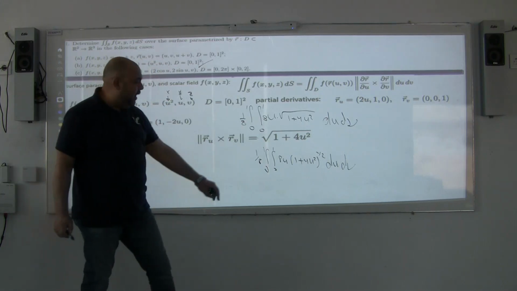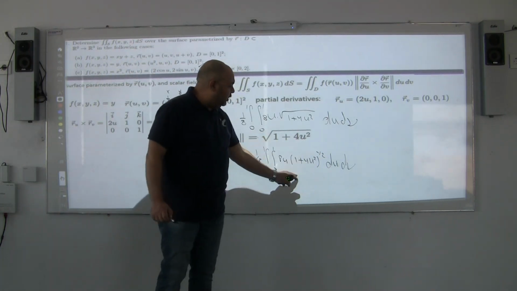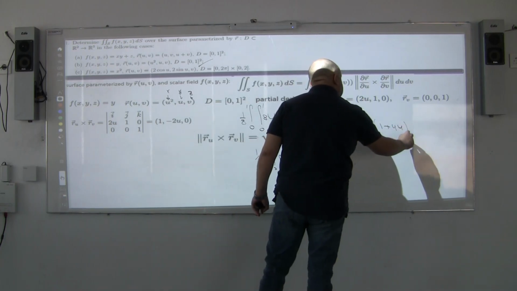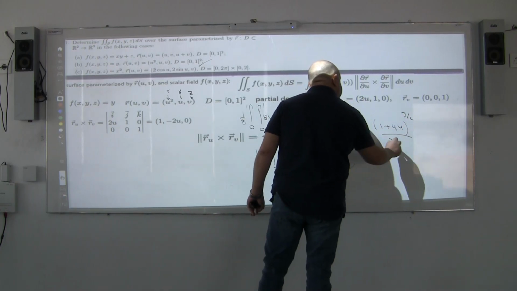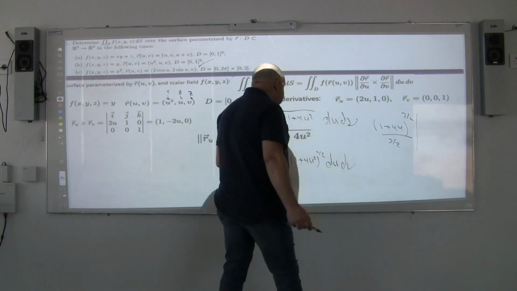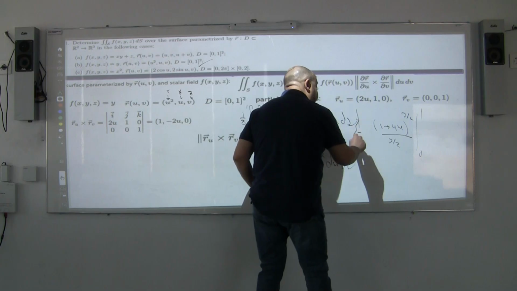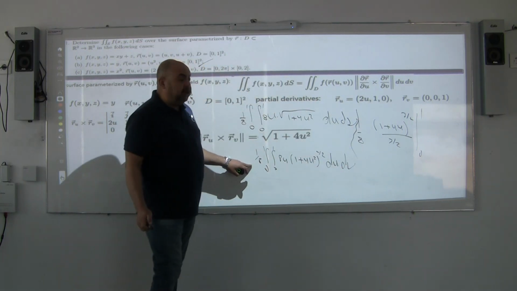Start integrating, add 1 on this power and divide on the new power. So the integration will be 1 plus 4u squared to the power of 3 over 2 divided by 3 over 2. Then making the substitution from 0 and 1. Don't forget that you have 1 over 8 outside your integration.